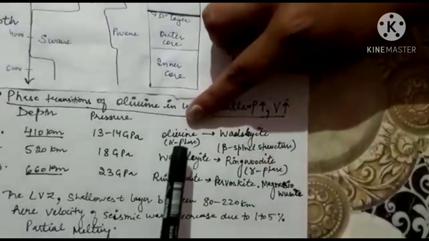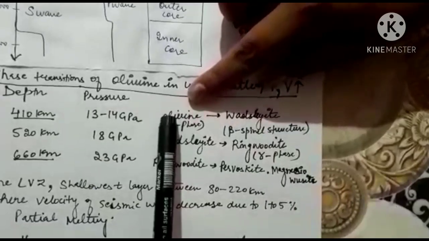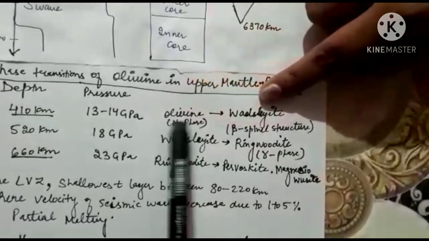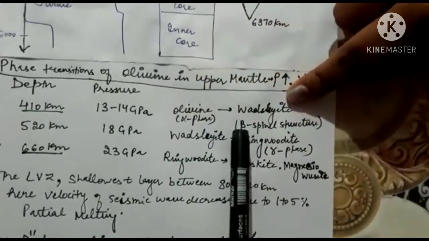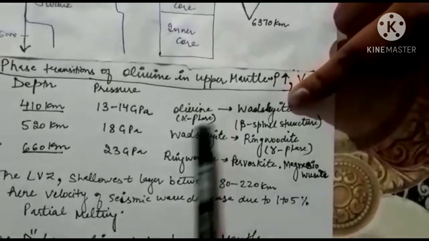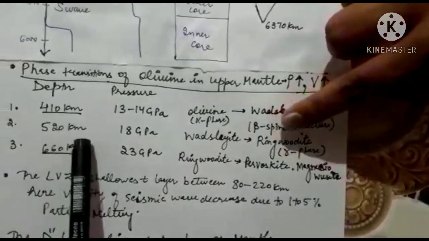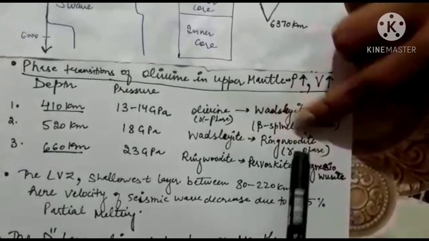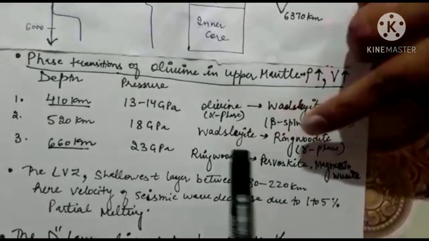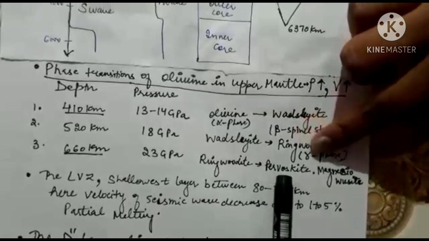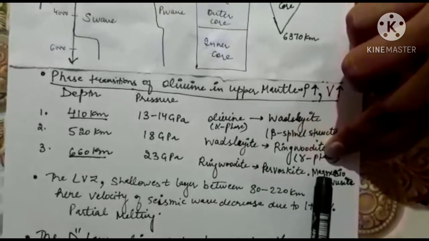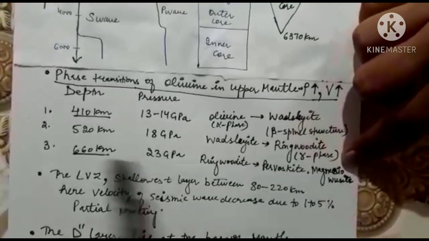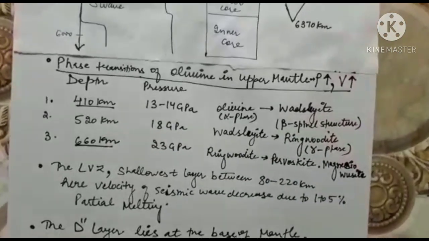As I have written over here, olivine, the alpha phase, will change into wadsleyite, which is our beta spinel structure phase, and wadsleyite at 520 kilometer will change into ringwoodite, our gamma phase, and ringwoodite will change into perovskite and magnesiowüstite at 660 kilometer depth.